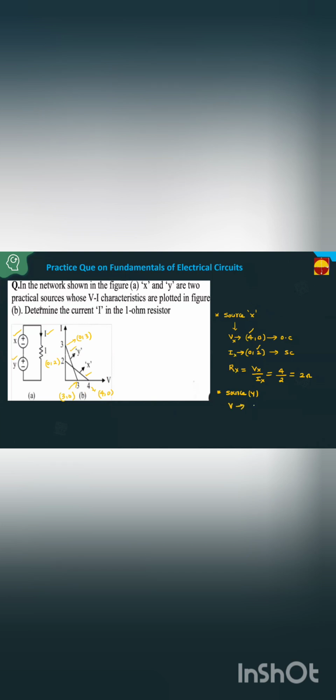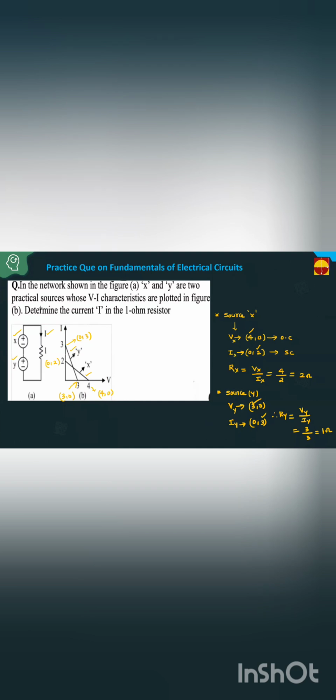Voltage is 3, 0, and this is Vy. The current supplied by source Y is 0, 3. Then calculate the source Y resistance, Ry equal to Vy by Iy. That is 3 by 3, which is equal to 1 ohm. Is it correct? It is equal to 1 ohm.